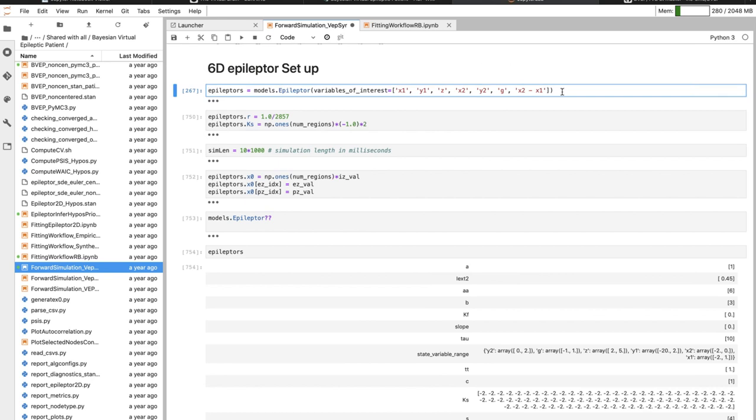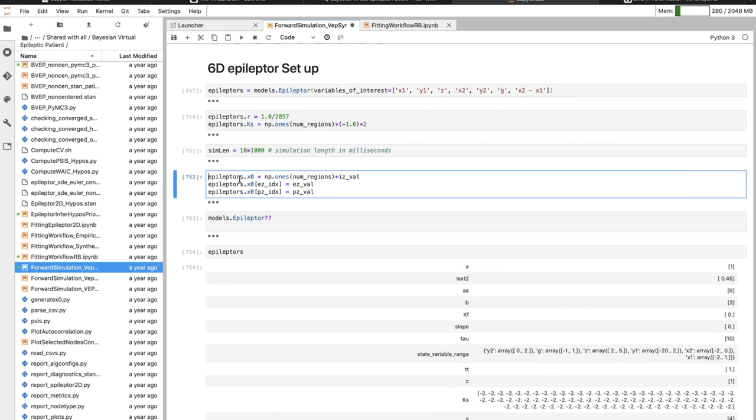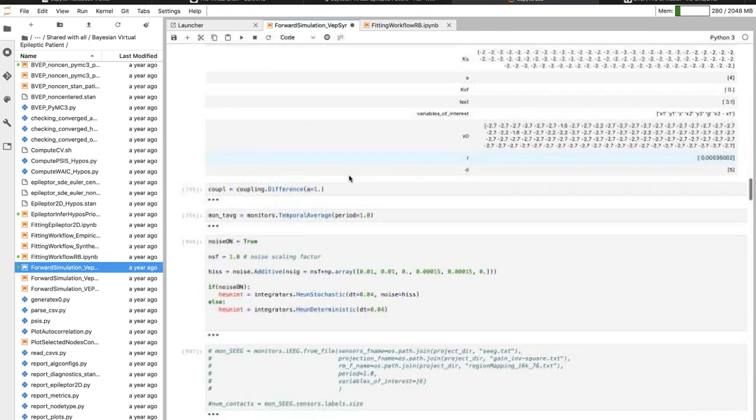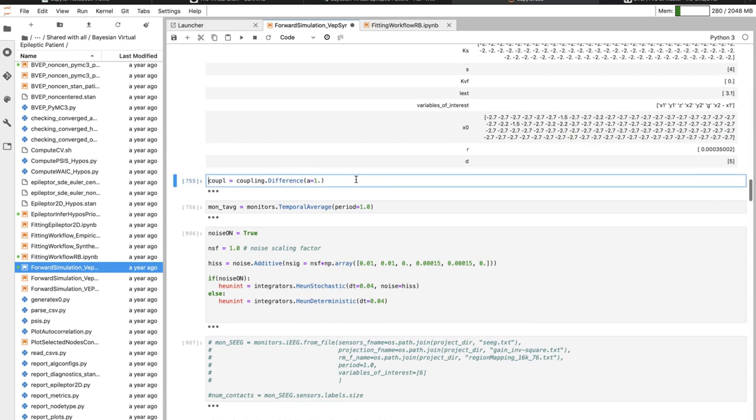So here we define our Epileptor model. And here we set the epileptogenic zone and propagation zone. The coupling.